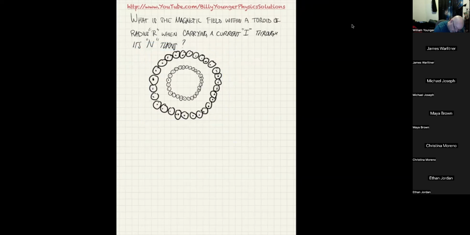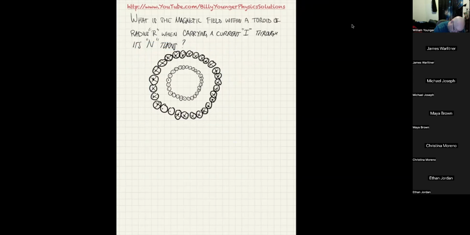And in fact, now what we're going to do is say that these are all X's, of course. All my X's are on this circle. So this is the actual torus, or toroid, T-O-R-O-I-D.